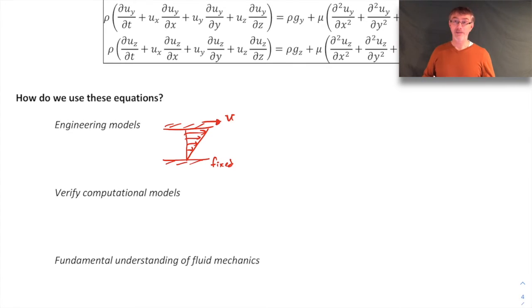Now, we just gave that to you, but it turns out you can actually derive it. You can prove it. And the way you can prove it is by solving these Navier-Stokes equations with certain assumptions. The assumptions you have to make are: gravity acts only in the y direction here, that the plates are infinitely long and parallel to one another. It's a steady flow.